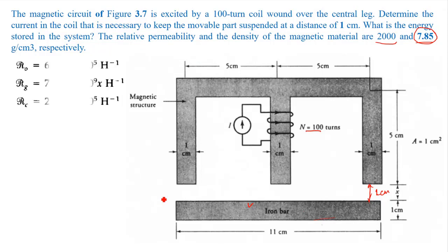So I can show you how to proceed. You can see here. First, we need to find the reluctance, because in order to find the inductance, we need to find the reluctance of this circuit. So how will we find the reluctance? So there is air gap. There are 3 air gaps you can see here, right? And these are the magnetic material paths, or you can say iron, ferromagnetic material.